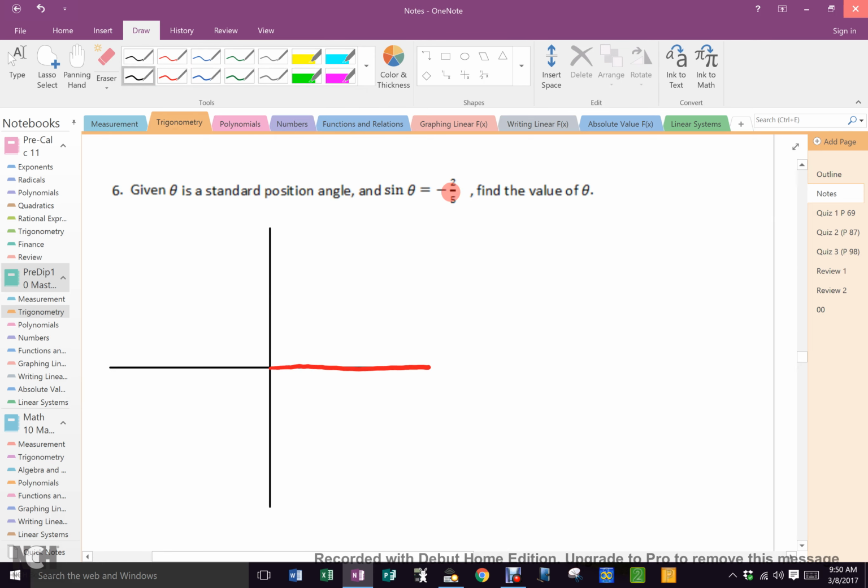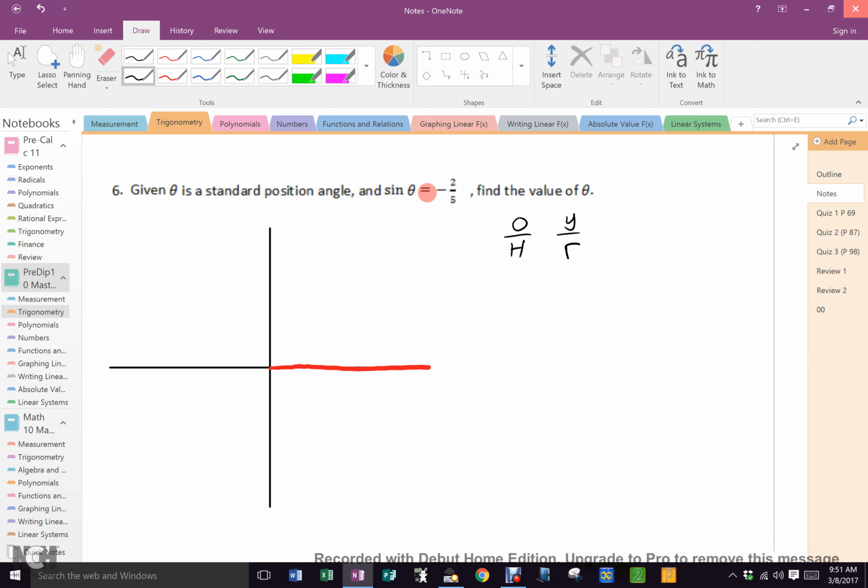I know that its sine is negative 2 over 5, yes? What do I know about sine? O over h, or we have recently learned that it is also y over r, yes? Now, since sine is negative, where must this angle live? I shouldn't say that.